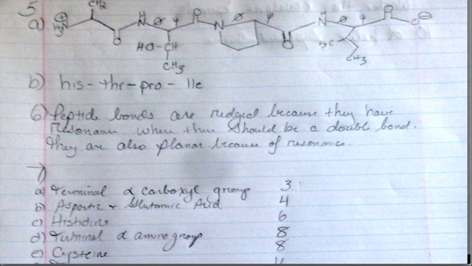Is it because they don't have more than 4 attachments, so they're sp2, not sp3? That's on the right track. So the point is they are sp2 hybridized, and that makes them planar. It's really the same answer as for why they're rigid.